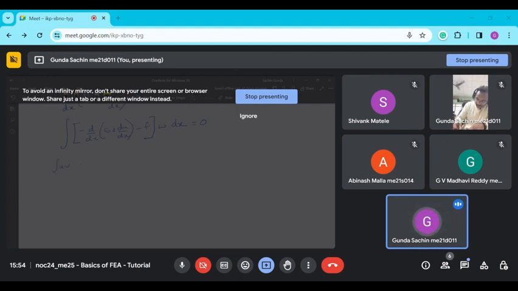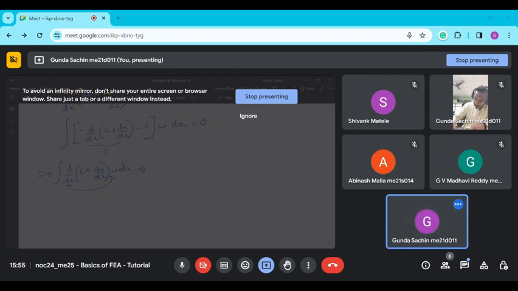The integration by parts rule is something like, we'll just take the first term, d by dx of EA du by dx times w dx.